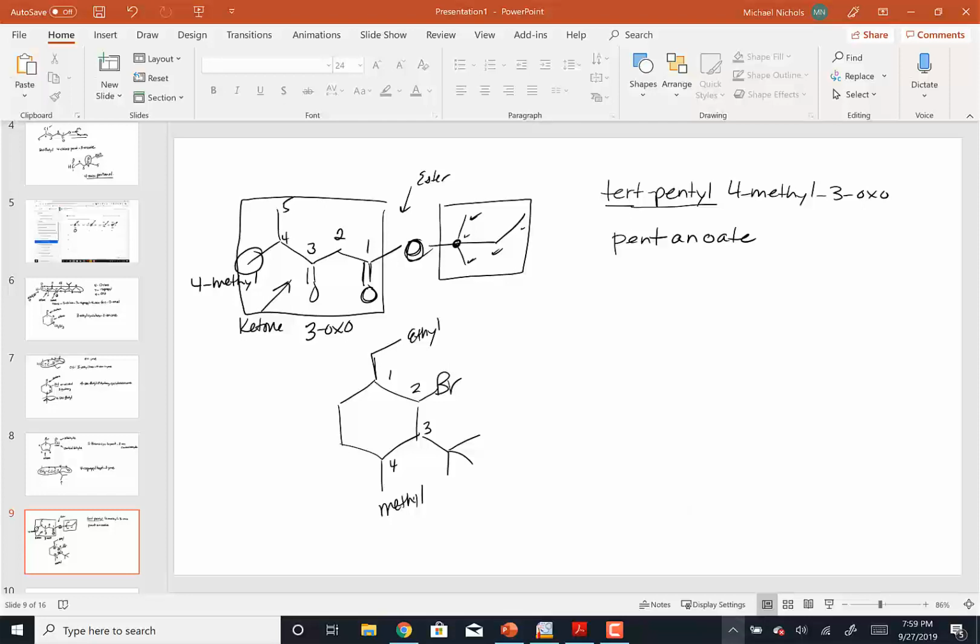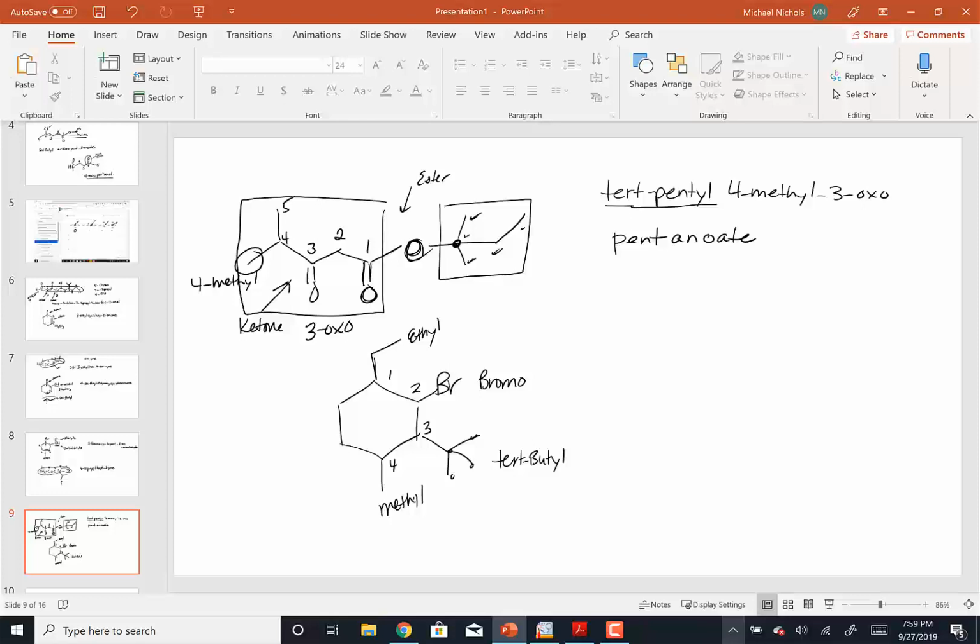So we do have a bromo. And what do we have here? We've got a 1, 2, 3, 4 carbons with a tertiary attachment point. So this is a tertiary butyl group. Okay, so now I'm just going to put together my alphabetized list.